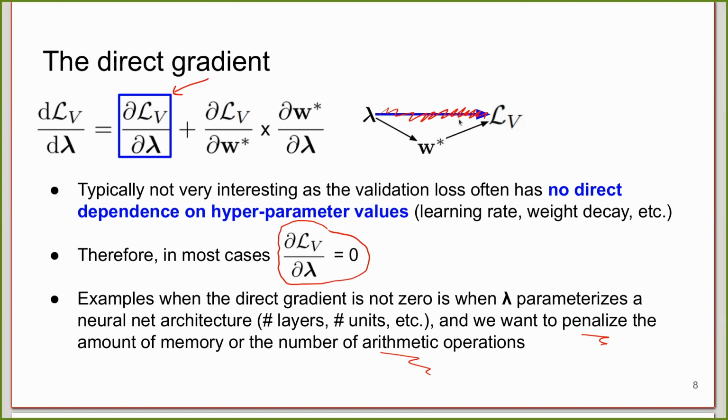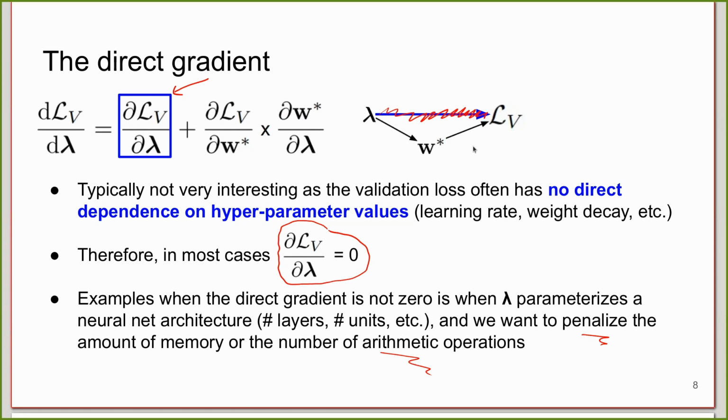So this is not really related so far to local optima. We're going to see maybe later what happens with local optima and all that. But here it's not like there are local optima or anything. Sometimes this arrow here doesn't exist because when you calculate the validation loss, you don't use lambda directly. You only use W star, and that's why you can ignore this part.